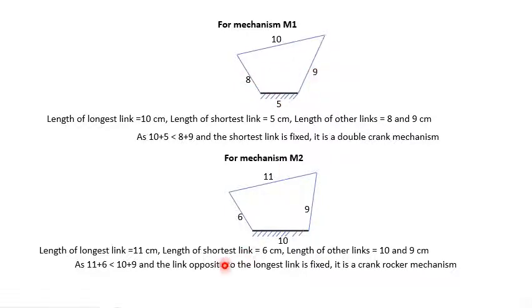And we know from Grashof's inversion, the length of the shortest link plus the length of the largest link should be less than or equal to the remaining two lengths.